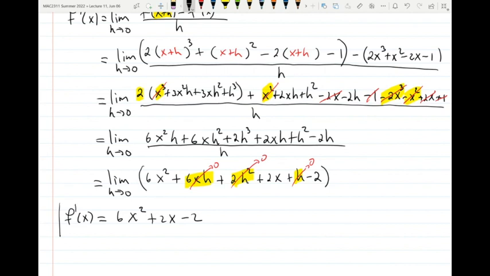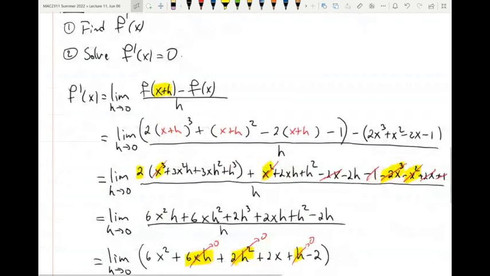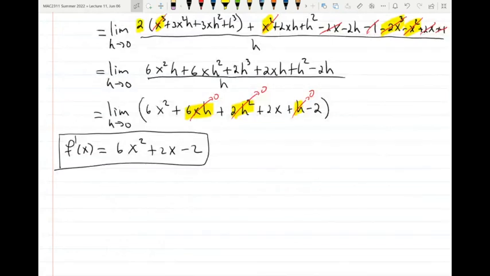So the derivative of the function is this. As I said before, once you know the rules, you're going to be able to look at this and say that the answer is 6x squared plus 2x minus 2. Very quick. Okay? But we need to learn the rules first. Anyways, that's what we have so far for the derivative.